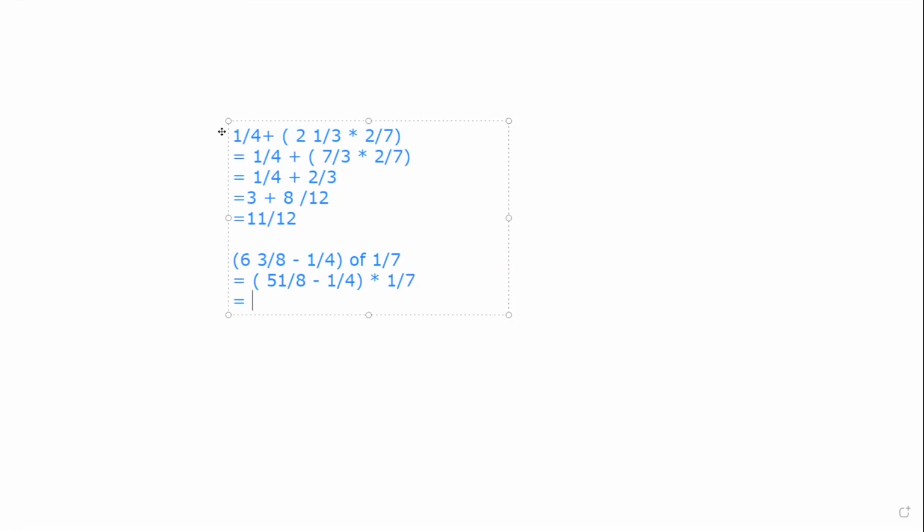So the common multiple for these two fractions is going to be 8. So you have to convert the second fraction's denominator into 8. For that you have to multiply by 2. So 51 minus 2 over 8. So this will come within the bracket.